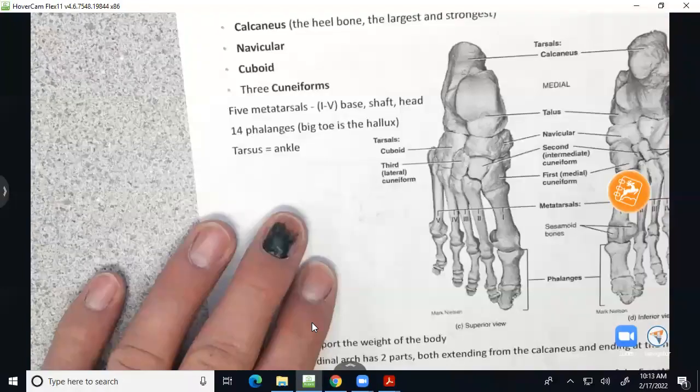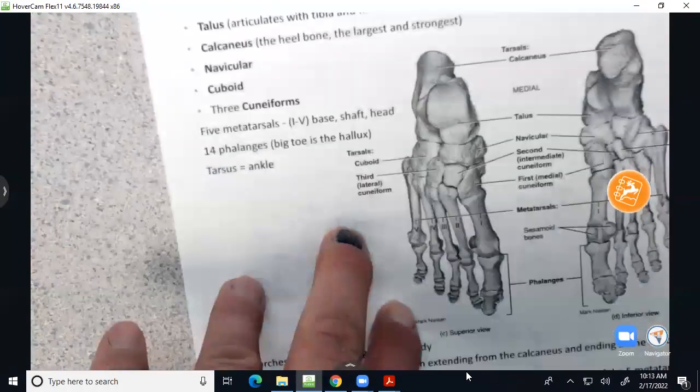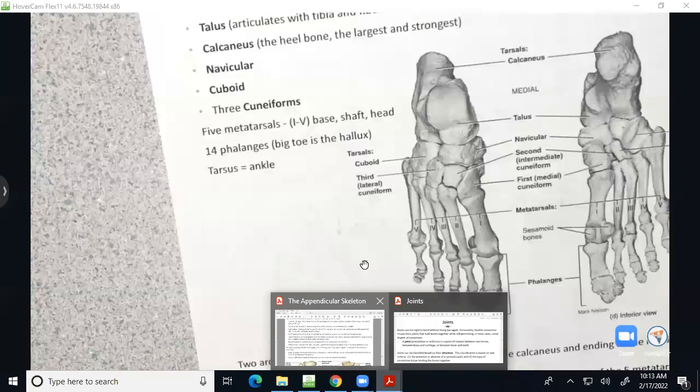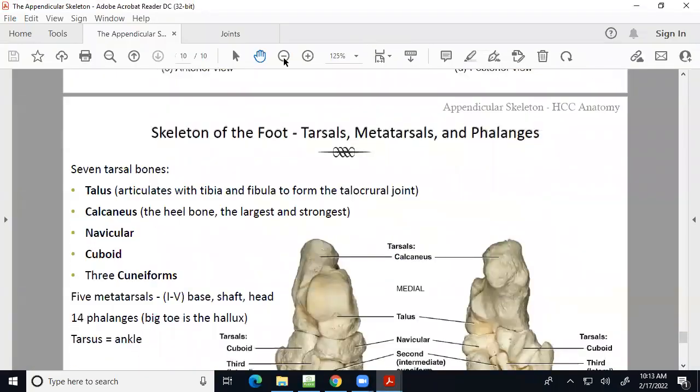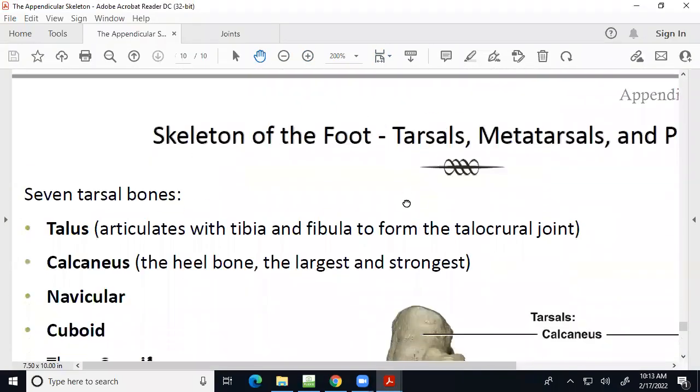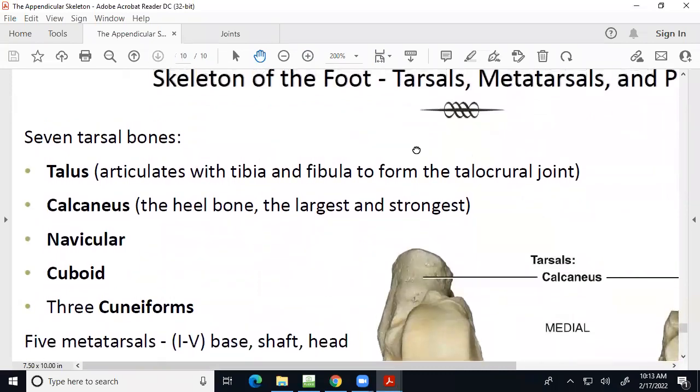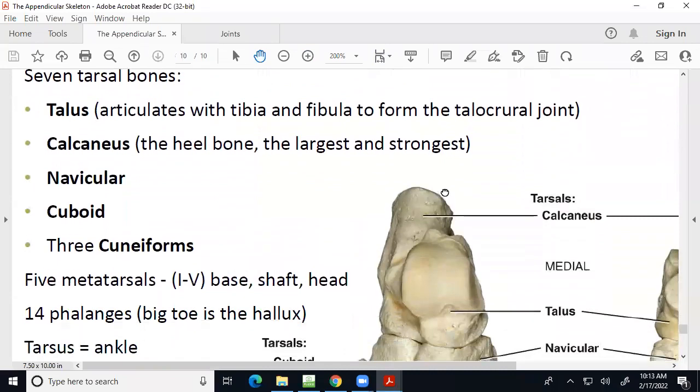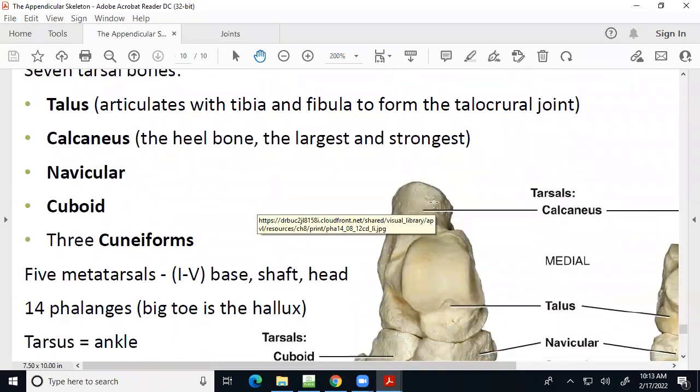So that brings us to our final set of bones, just like what we did with the hand, the wrist, and the fingers. We'll talk about tarsals, metatarsals, and phalanges all in one slide. We have 7 tarsal bones.